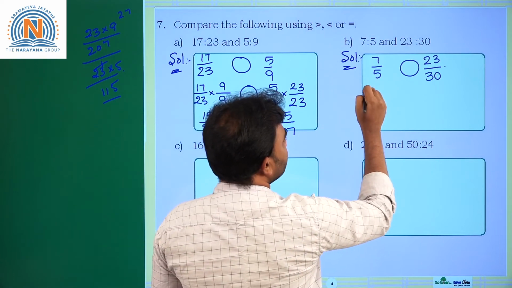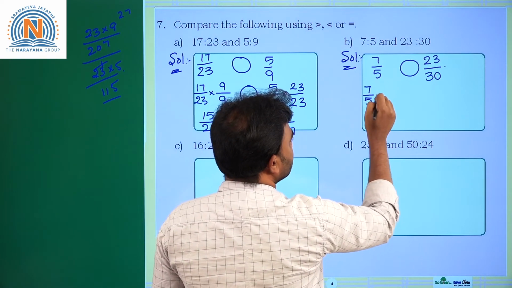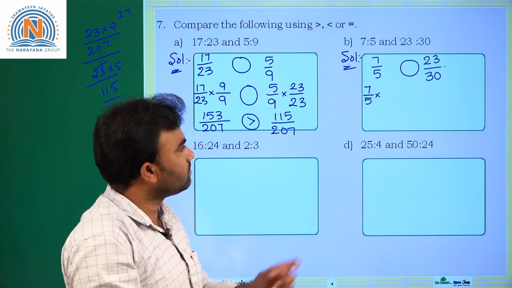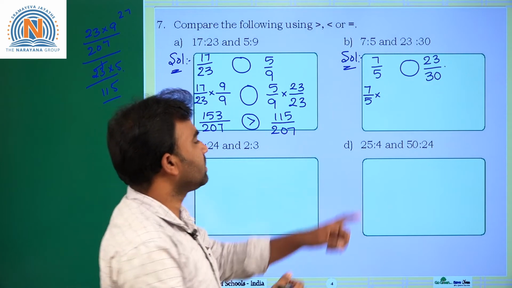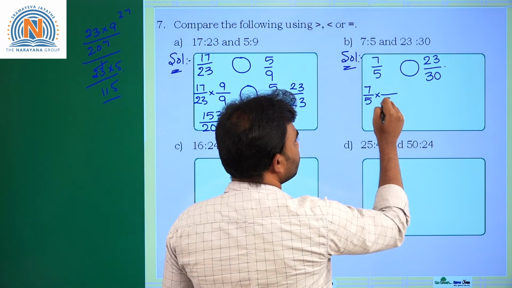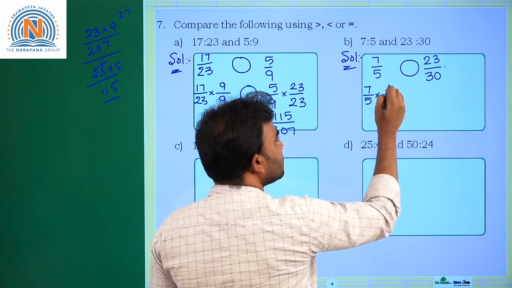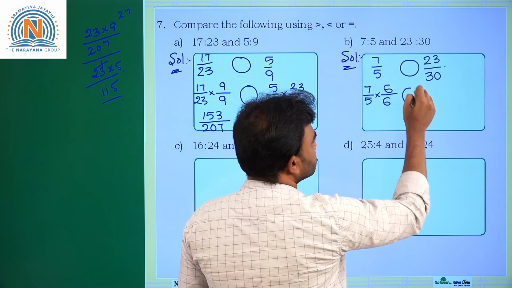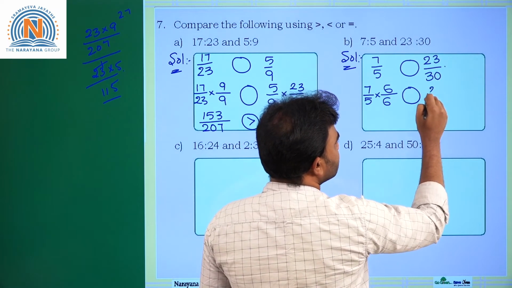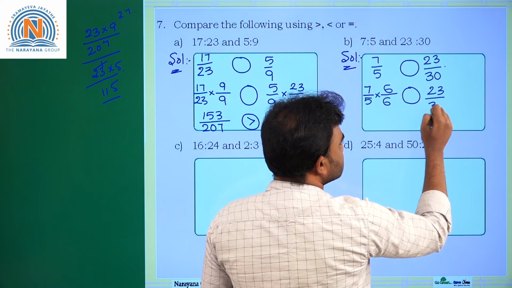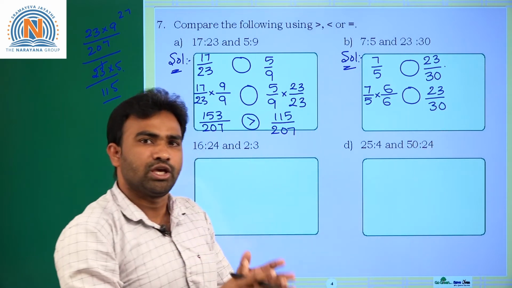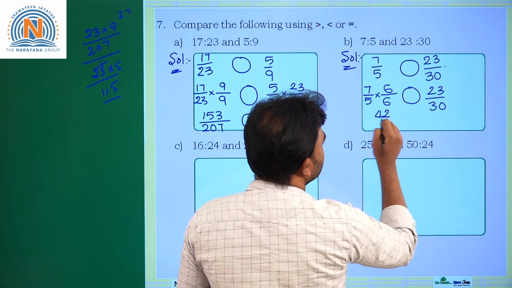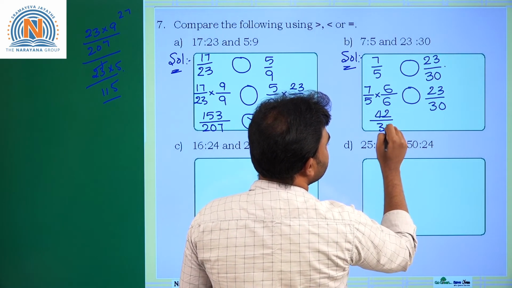So for 7 by 5, to make the denominator equal to the LCM, we have to multiply 5 by 6. When we multiply by 6 in the denominator, with the same number we have to multiply the numerator also by 6. Now 23 by 30, as the LCM is 30, keep it as it is. 7 6s are 42 and 5 6s are 30.